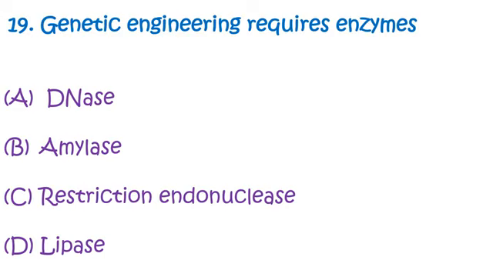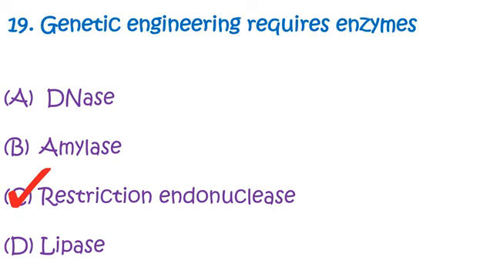Question number 19. Genetic engineering requires enzymes: option A DNase, option B amylase, option C restriction endonuclease, option D lipase. The correct answer is option C, restriction endonuclease. In genetic engineering, the enzymes are very specific in nature and only those are employed which can break or join the DNA strands.